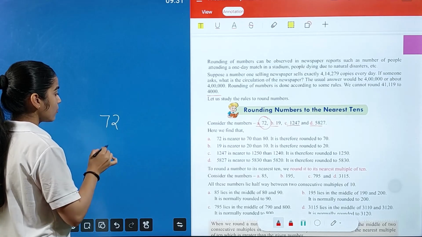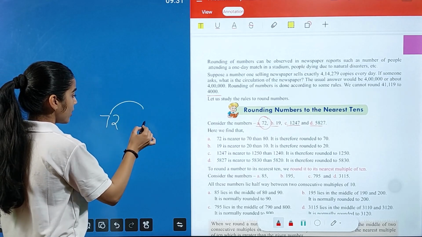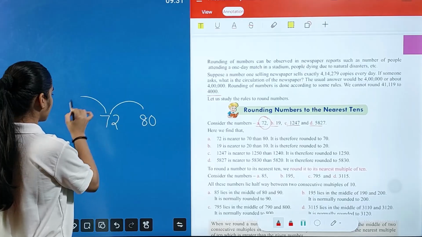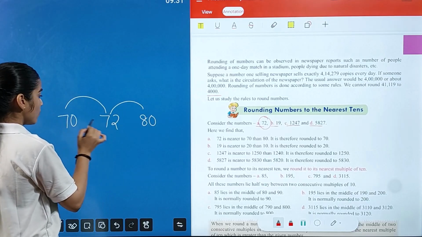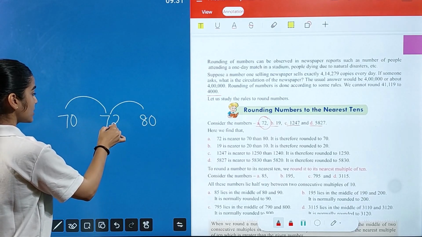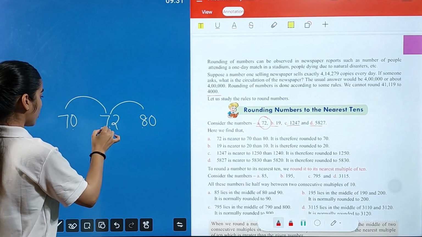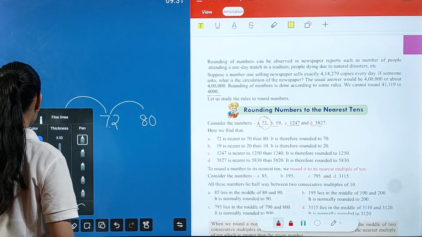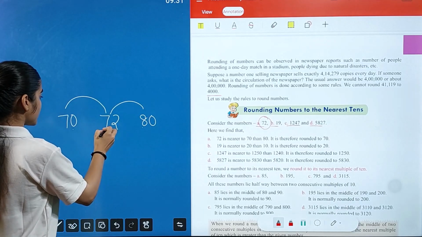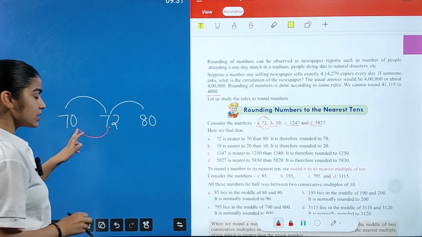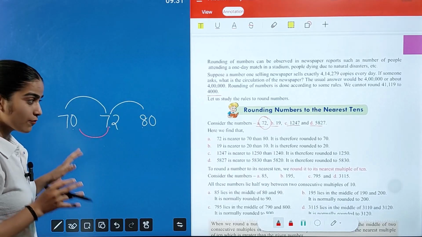First take 72. Now you have to tell me where you have to take more steps. If you want to change this number 72 to 70 or 72 to 80, you say, ma'am, it would be easy for us if we take 72 to 70, because in this case we have to take fewer steps.